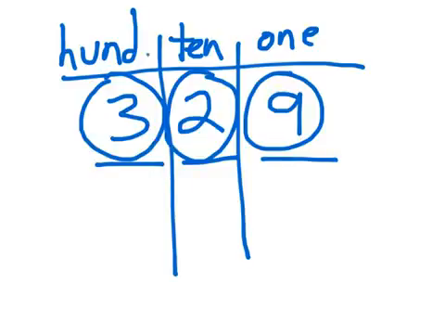The counting system that we use is based on the concept that every column is going to be 10 times greater than the column to the right. So the tens column is 10 times larger than the ones column, and the hundreds column is 10 times larger than the tens column.